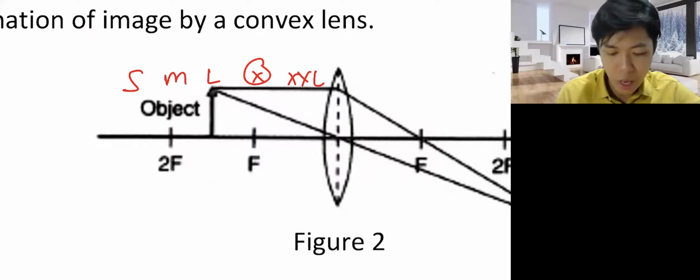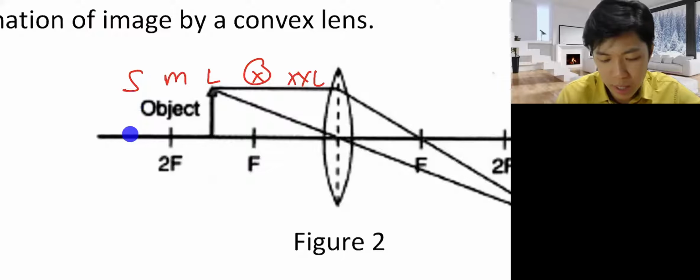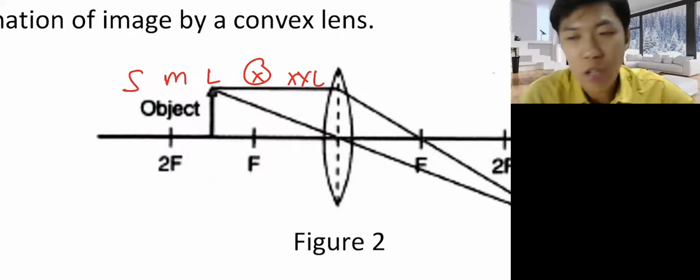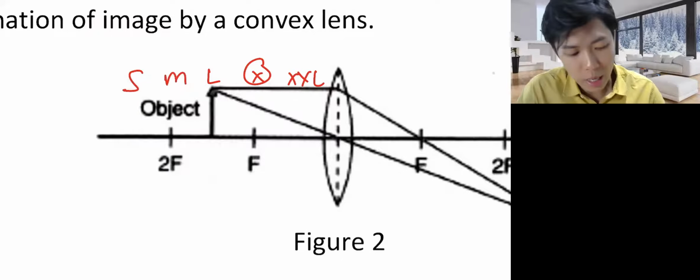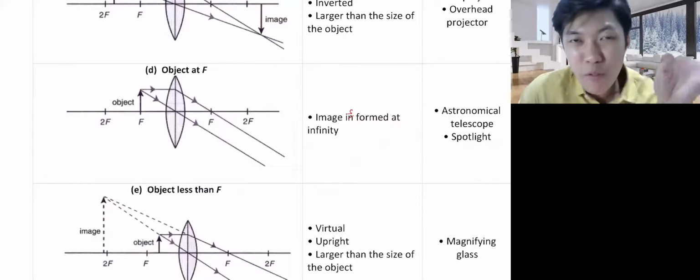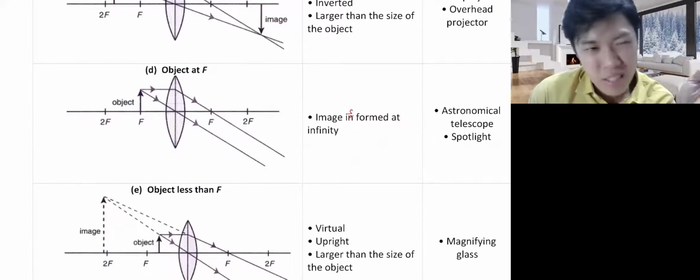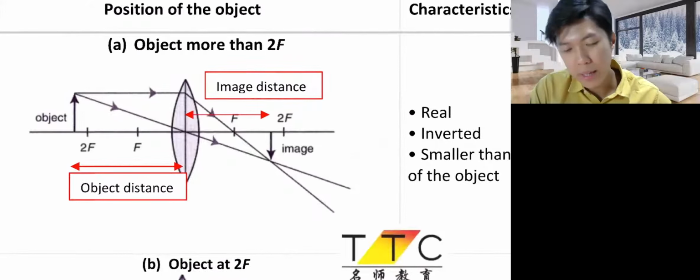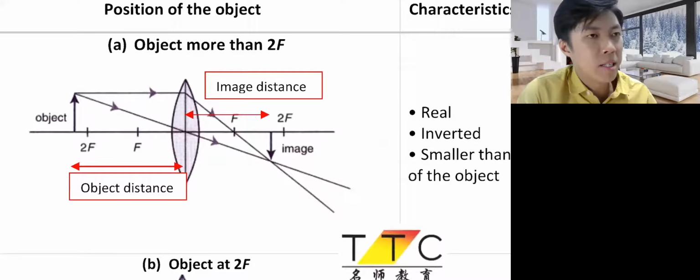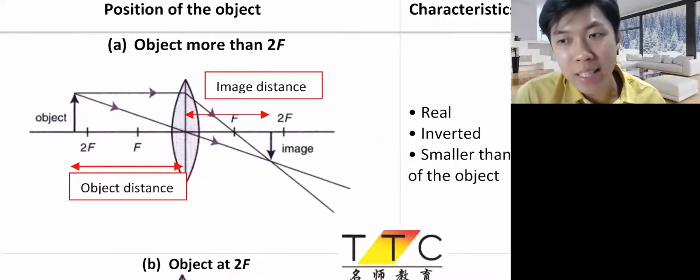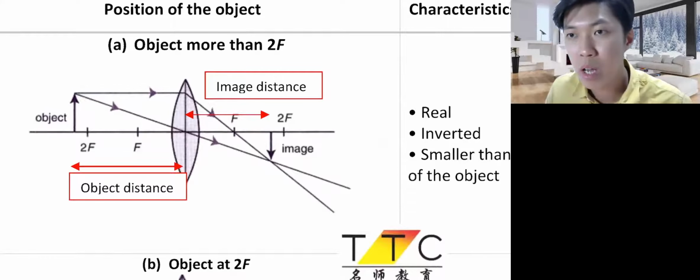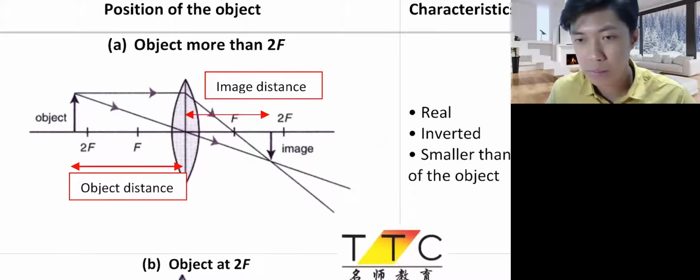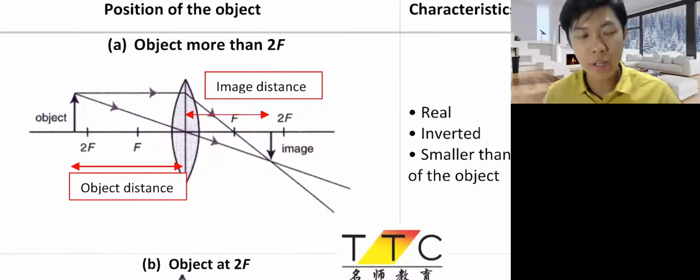So where do we place? What do we call this? If you don't know how to say, before 2F, or left side of 2F, the proper way of saying is more than 2F. More than 2F. All right, no problem.